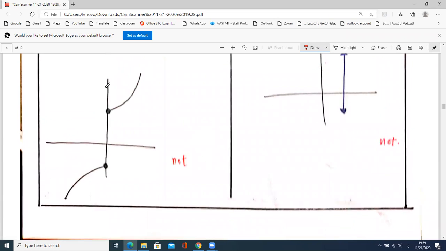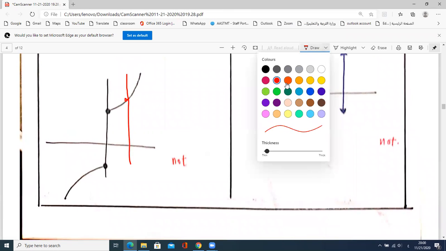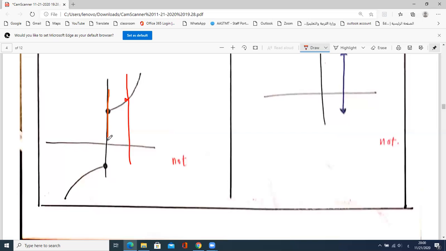This graph, if we draw a vertical line here, we will find that we have only one intersection point. But if you draw a vertical line here, this orange vertical line, you will find that you have how many intersection points? 2 intersection points. Then this is not a function.